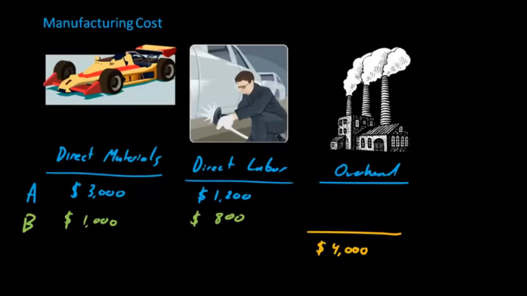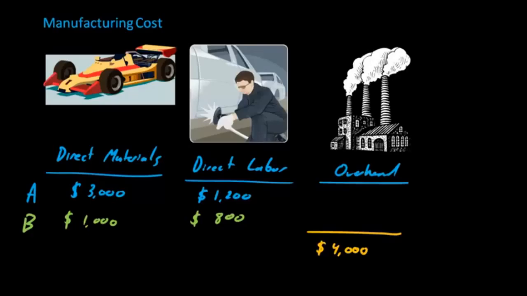So we probably don't want to allocate this 4,000 evenly. We need to come up with a different allocation method. So what we want to do is decide what's driving this overhead cost, and if we can figure that out, we can use that to allocate overhead to car A and car B.